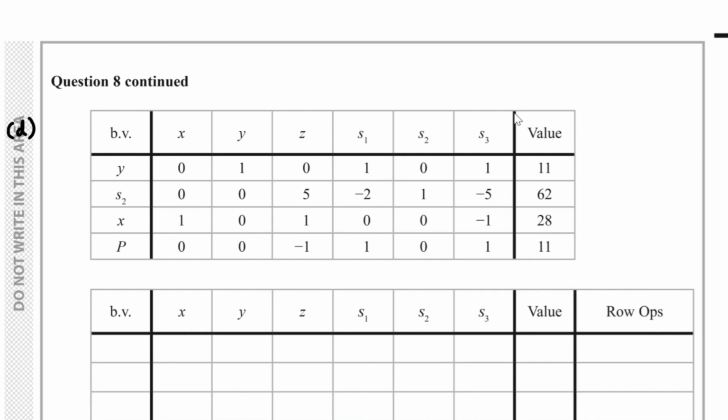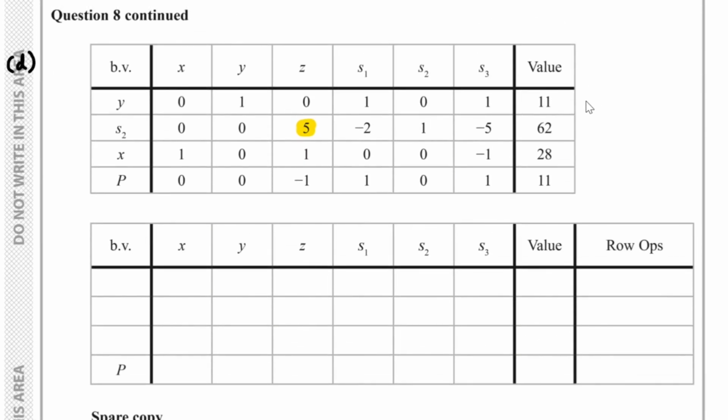So for part D, here is a copy of T. Now, we know already the 5 is our pivot from the S2 row Z column. What we will do to begin with is work out the row operations.